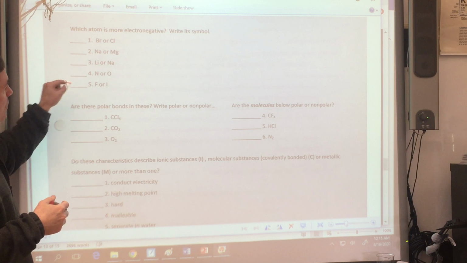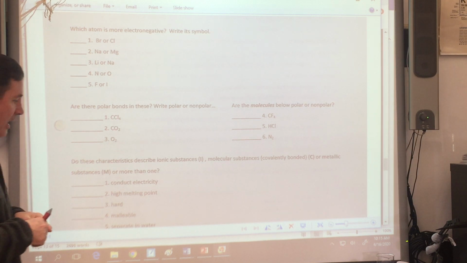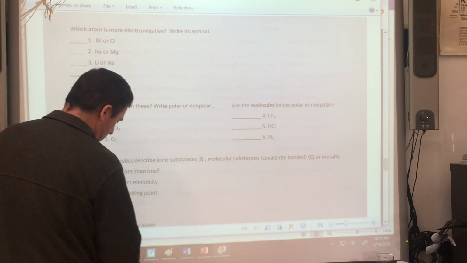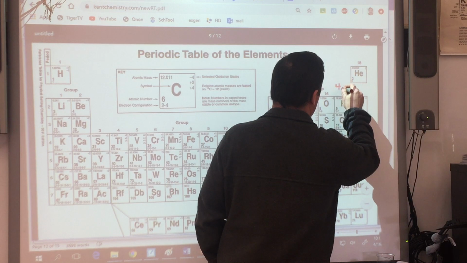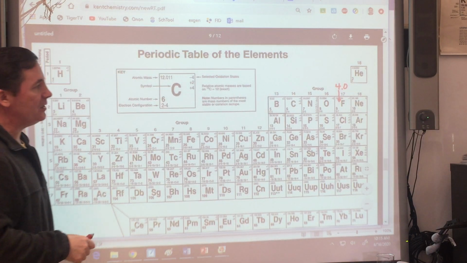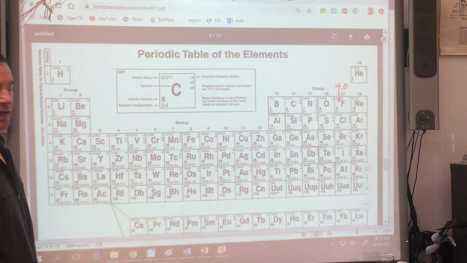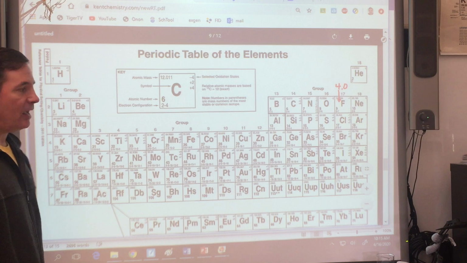But you could also use the idea that anything that's closest to fluorine is going to be the highest. Fluorine has the highest electronegativity at 4.0. As you move away from that, it's going to get less. So if you don't have your chart, we can rely on that.